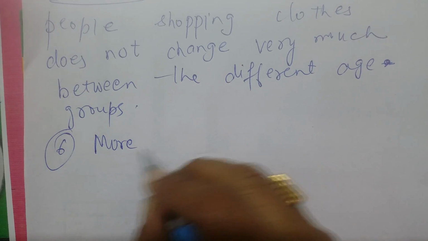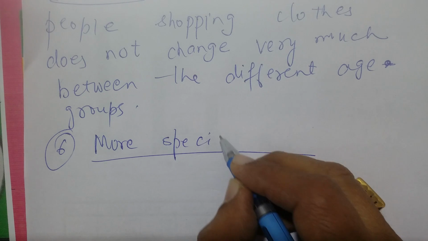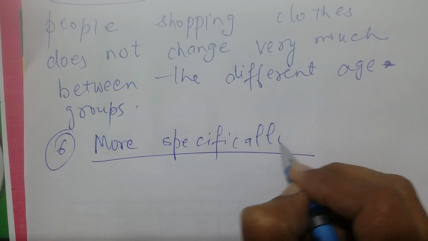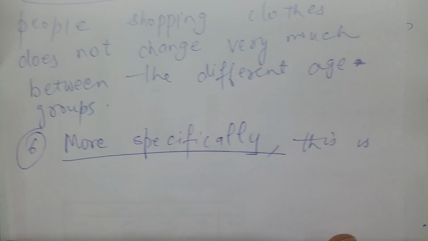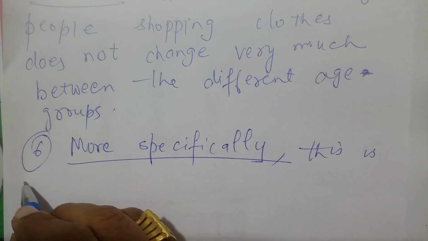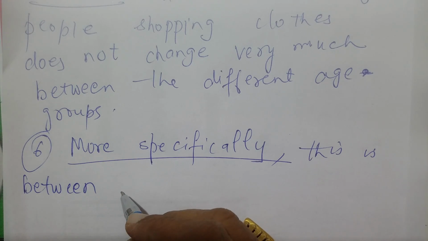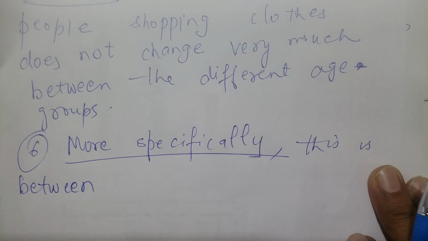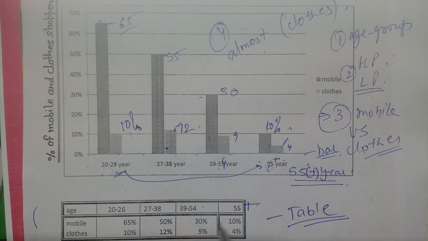More specifically, so mind this language, please, right? This is between, what's the percentage? I don't know, just a moment. Maximum, from here I can check, or from here I can change.